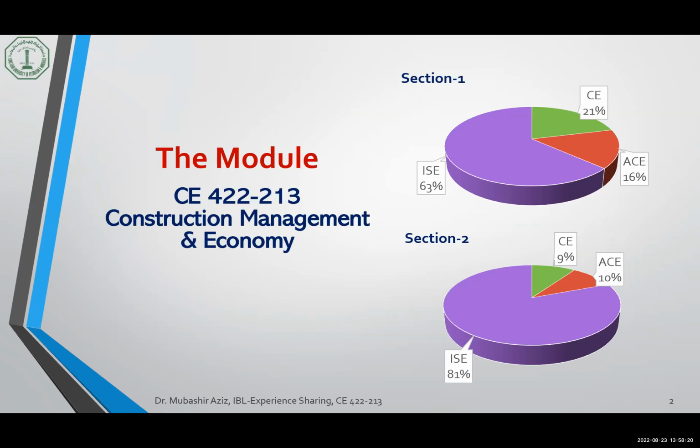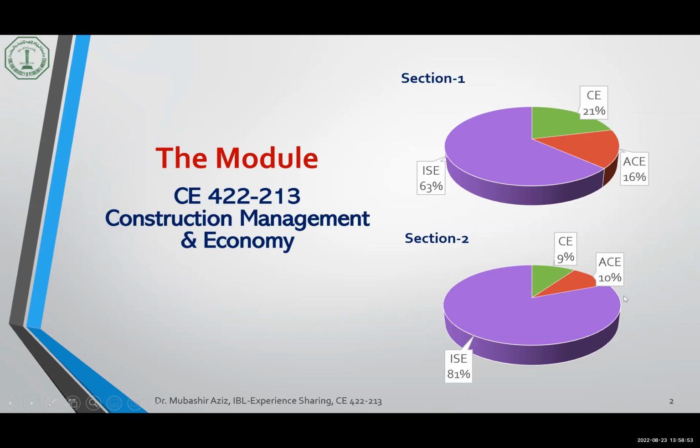So just about the course which I have taught. This was the Construction Management and Economy course offered by the Department of Civil Engineering. Interestingly, the number of students registered in this course was about 41, and I had 2 sections. In one of the sections, the students from civil engineering and applied civil engineering were about 37% and 63% were from industrial science and engineering.